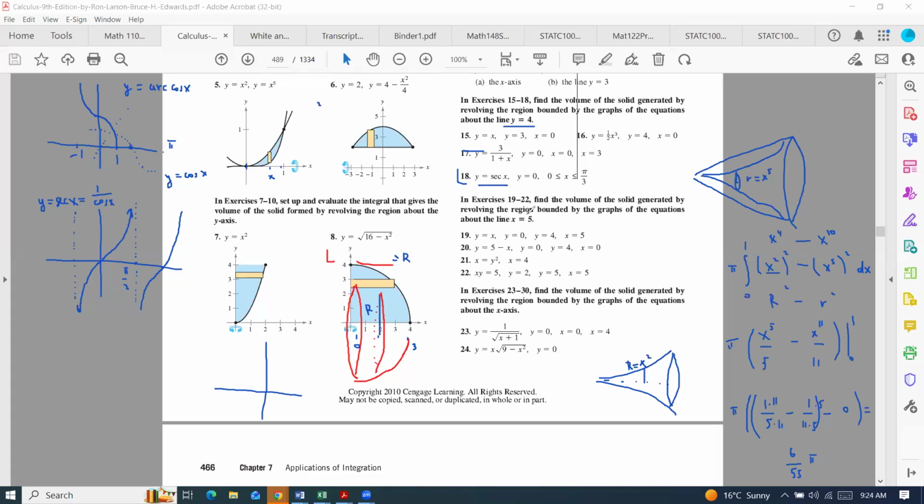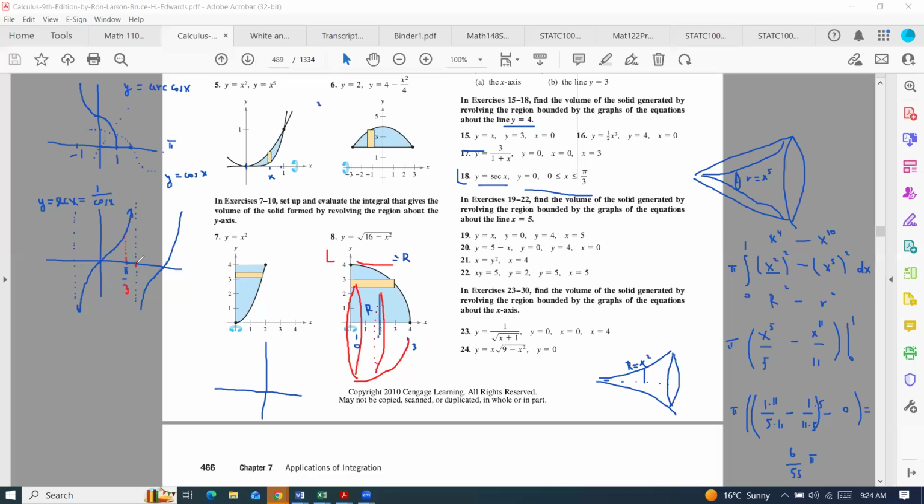It's good to realize that, and no wonder they give us the part to rotate that is from 0 to pi over 3. So pi over 2 will be the intersection. Let me write it like that. Here's pi over 3. And pi over 2 is that.